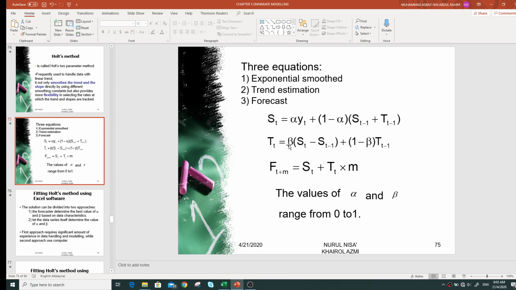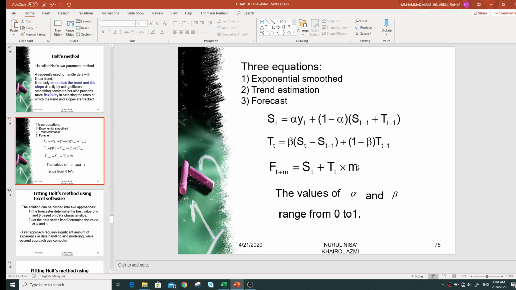To forecast multi-step ahead, this is the equation that we need: F(t+m) equals St plus Tt times m. Here, as we can see, you have two smoothing parameters, alpha and beta. One smoothing parameter smooths the level, giving the weightage on our level, and beta is the smoothing parameter for the trend.